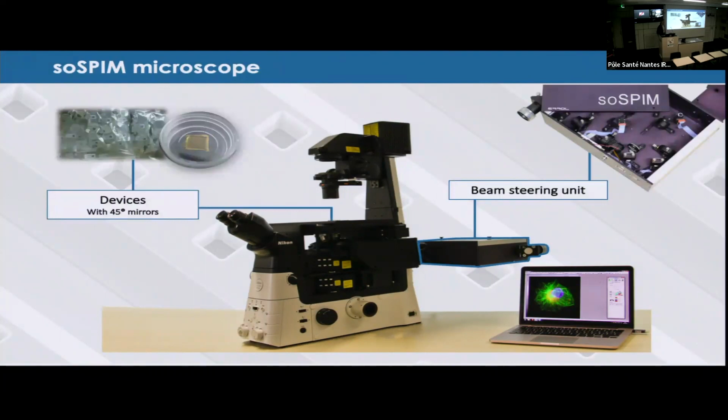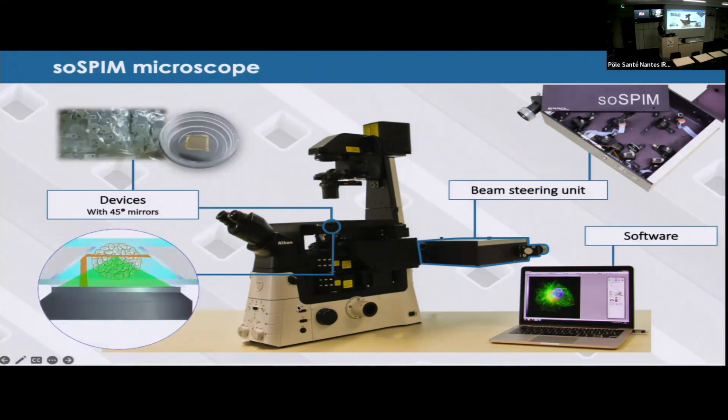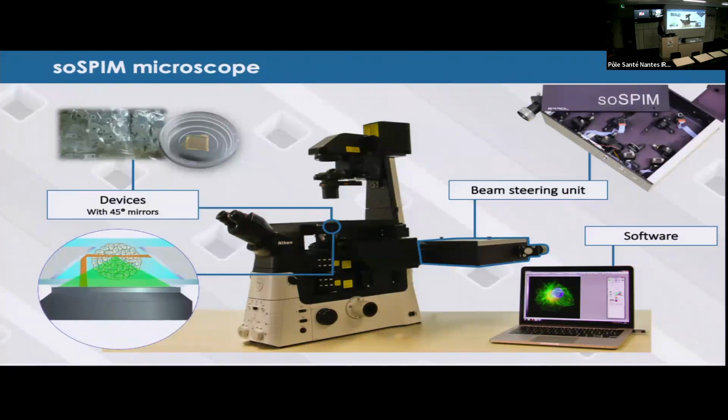Of course, you need this specific petri dish that contains these micromirrors. And at the end, you have software whose role is only to trigger very precisely the position of the light sheet so that it moves along the mirror and really keeps the position of your focal plane well aligned with the position of your light sheet. So it's a very simple geometry.